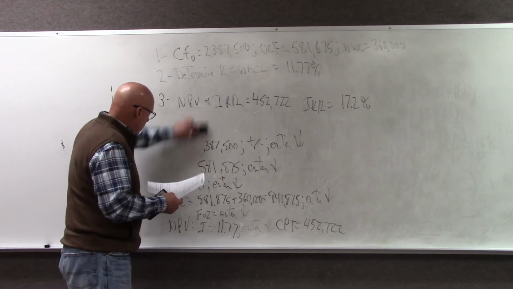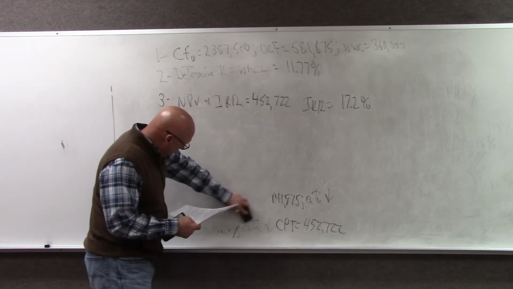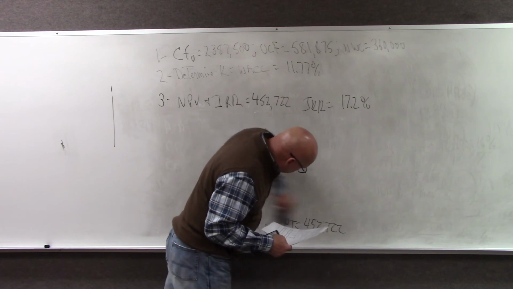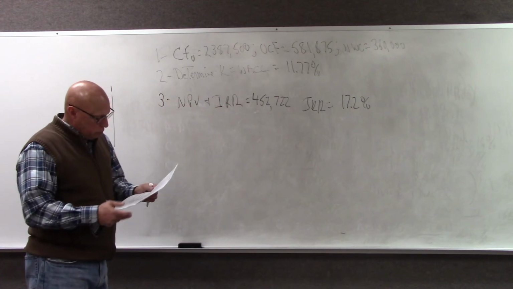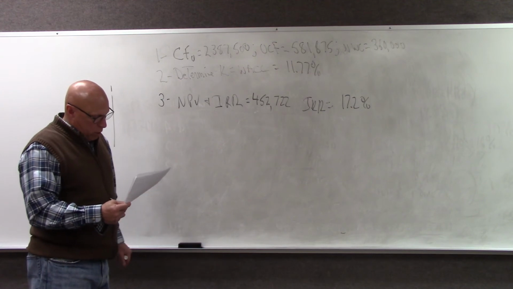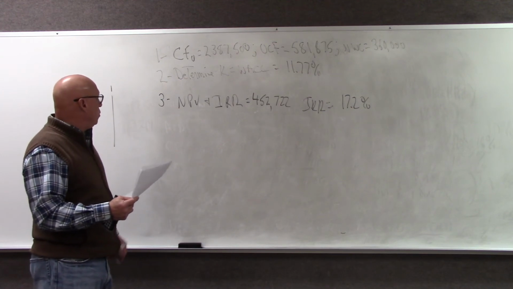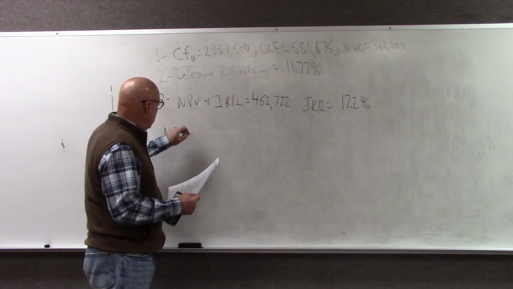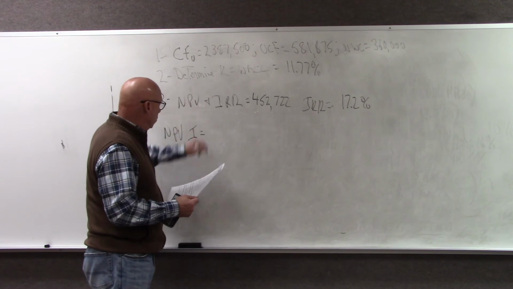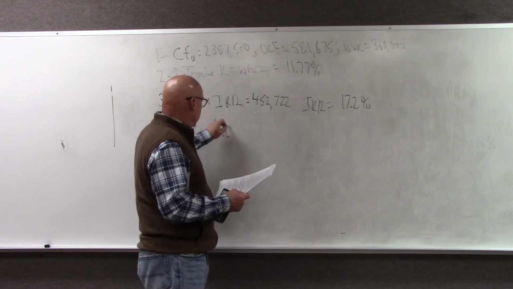Now, let's erase this and add in one more factor or feature or challenge, and it says, for a project that is 20% less risky, all we have to do is hit NPV, I equals, and calculate 11.77.